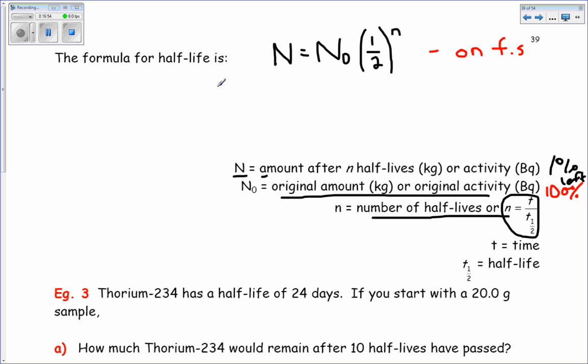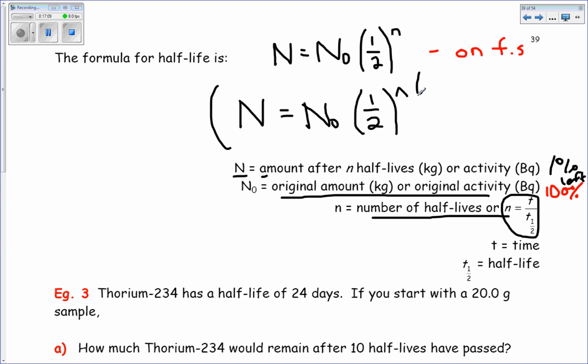So really what this formula becomes most of the time you use it is N is equal to N naught times 1/2 to the power of, and I'm writing calculator steps in here, you want to make sure you have a bracket here, time, which is the total time that you want to know what's going to be left after, divided by half-life. The symbol for half-life is T with a little subscript of 1/2. That's what you actually need to use.